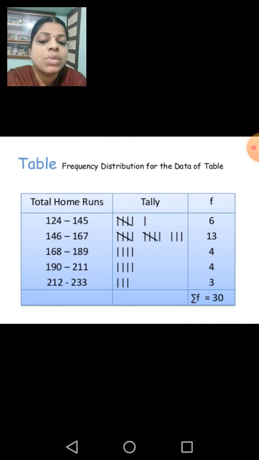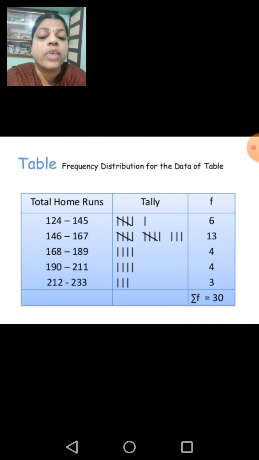So how many numbers are there in that? 30 numbers are there, and as I told you, we have condensed the given big information under different small classes and are able to find the frequency distribution table. So children, this is the manner of finding it if the range of the data given is of large size.